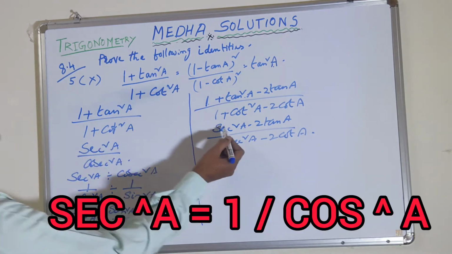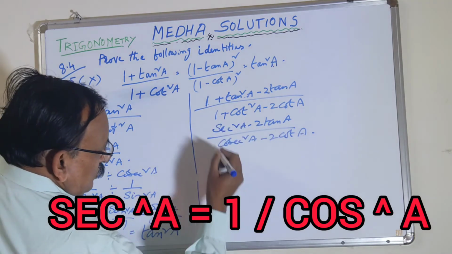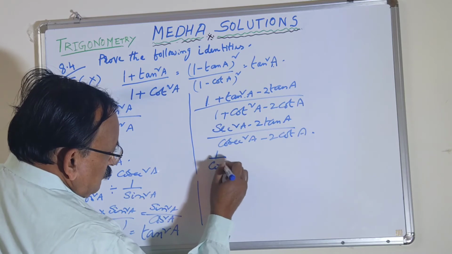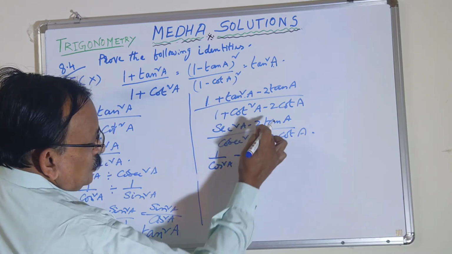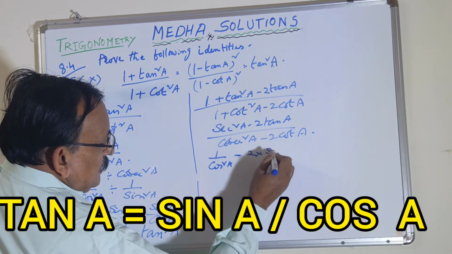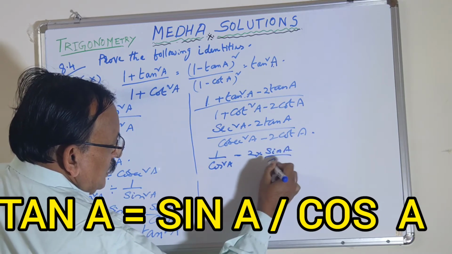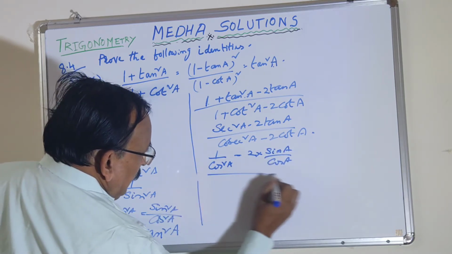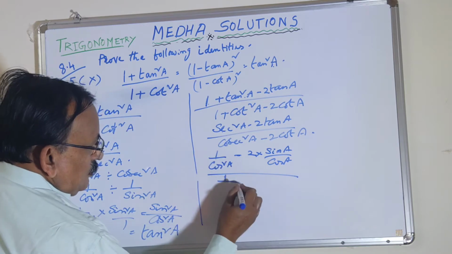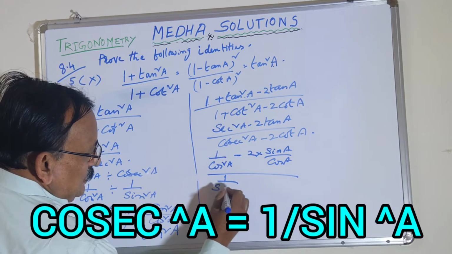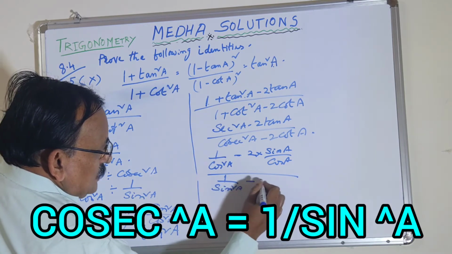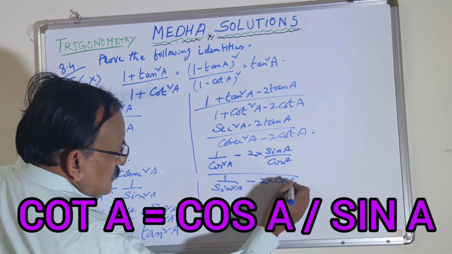Now sec square A minus 2 tan A: sec square is equal to 1 by cos square A, minus 2 into sin A by cos A, since tan A is sin A by cos A. Divided by cosec square, which is 1 by sin square A, minus 2 into cos A by sin A.